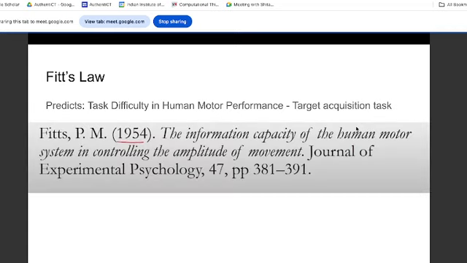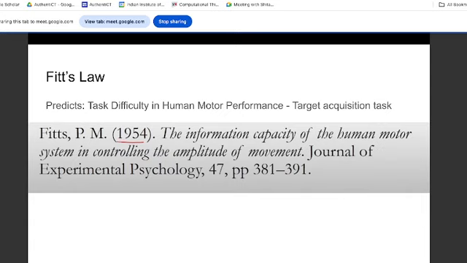It was invented in 1954, about the human motor system, where an object is placed in the user's environment, and the user has to go to that object and pick it up. There is time consumed, and difficulty based on the distance at which the object is placed and the object's width itself.